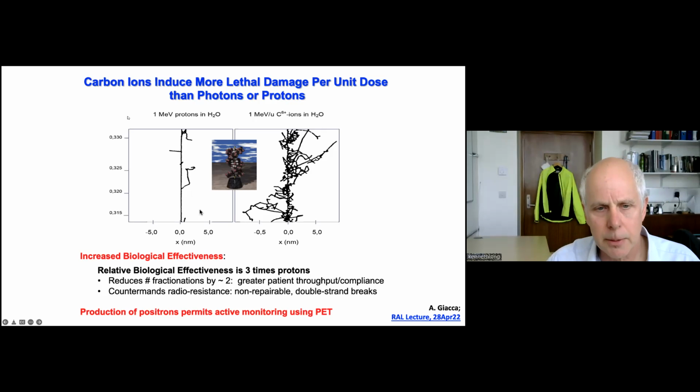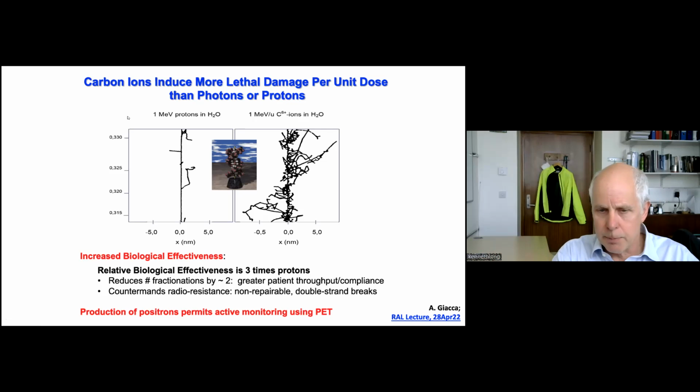And the origin of this comes from the interactions in the tissue. So for 1 MeV protons in water, you see these places where significant ionization events are happening and electrons are being knocked out, and the proton is delivering energy to the tissue. You can see it's relatively sparse. It's even more sparse with photons. For carbon ions, you can see these events are really concentrated, you have many such interactions per centimeter.